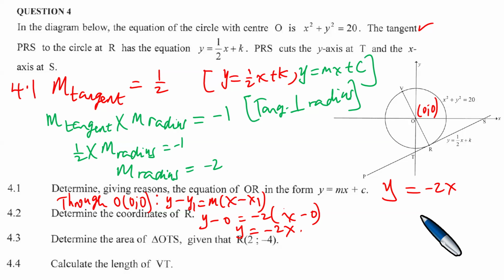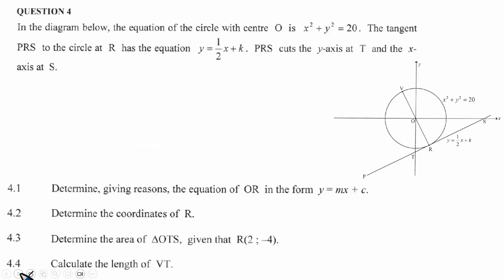Okay, so we continue. Now you want to find the coordinates of R. Who can find the coordinates of R? Can I give you like 1 minute? Find the coordinates of R quickly.